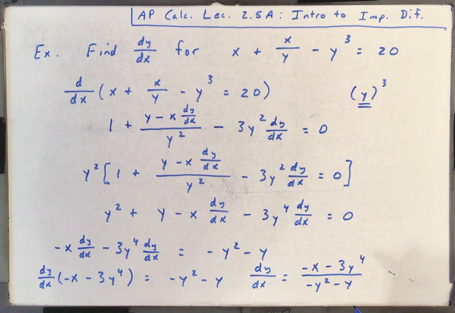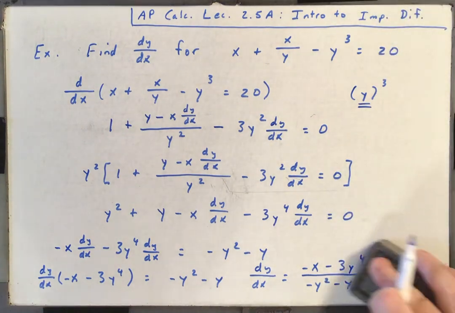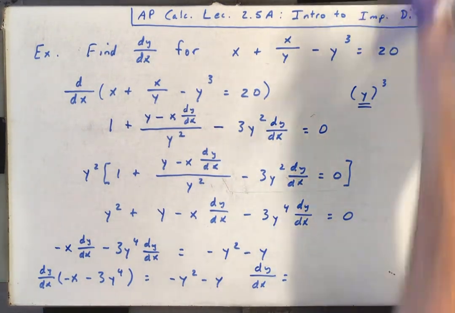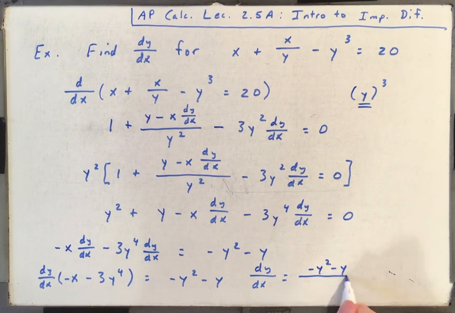So something appears a little wrong here. Oh, yeah, my bad. Reversed it here. Sorry about that. So we would have negative y squared minus y over negative x minus 3y to the 4th.